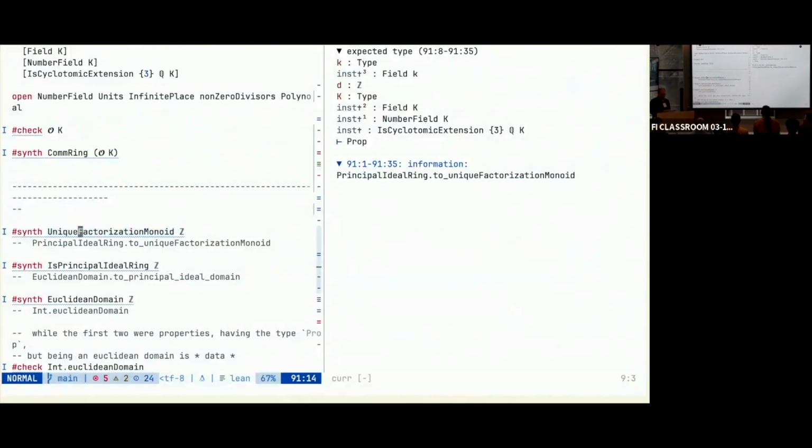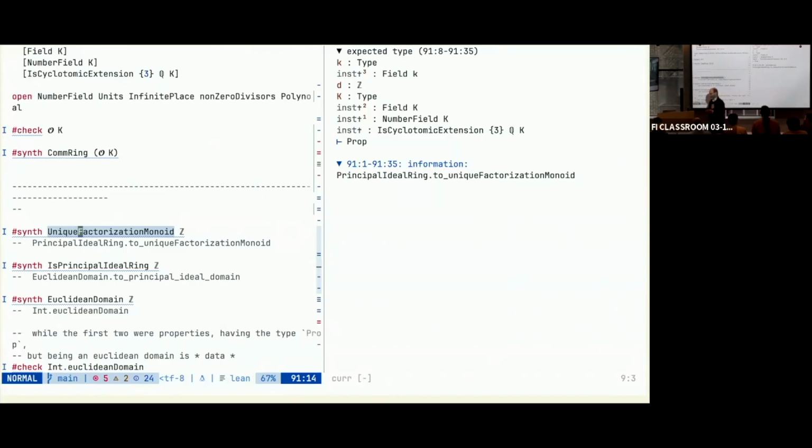So, unique factorization Z, and Lean answers that Z is a unique factorization monoid, because it is the way unique factorization is stated. In Lean, you have monoids and you have add-monoids. For monoids, the law is multiplication. For add-monoids, the law is addition. So if I take Z, the law is multiplication. So saying that it is a unique factorization monoid means that it is for multiplication.